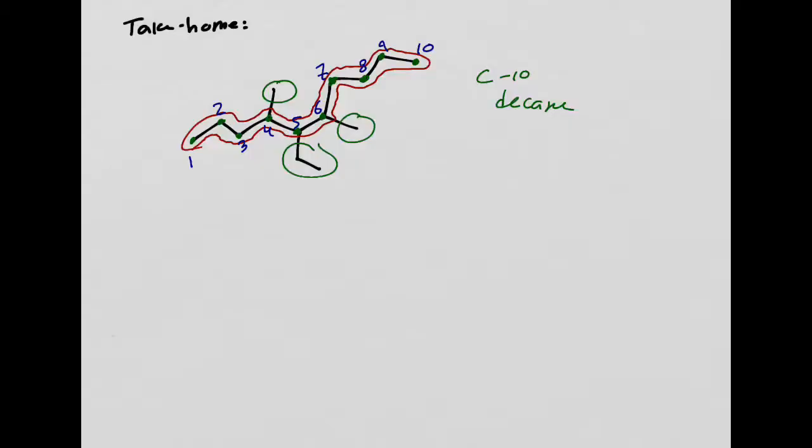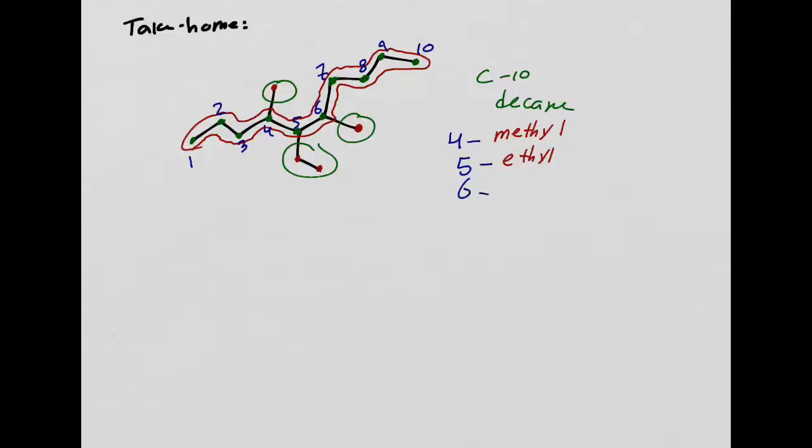Now, I have substituents on carbon 4, on carbon 5, and on carbon 6. You agree? On carbon 4, it has only one carbon, so it is methyl. On carbon 5, what kind of substituent do I have? It is an ethyl, because there are 2 carbons. On carbon 6, there is only 1 carbon attached to it on the branch.